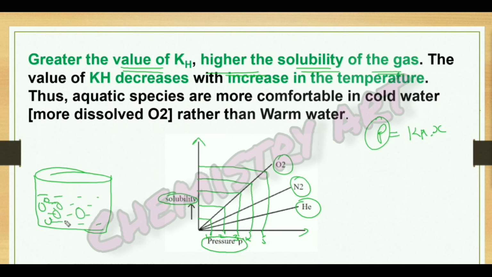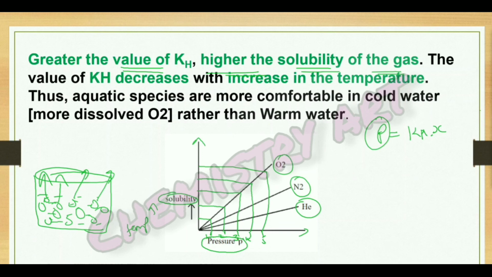What will happen if the temperature is increased? The gas particles' kinetic energy will also increase, and they will leave the surface of the liquid. So the solubility will decrease, and that's why we can say that in cold water more oxygen can be dissolved. All the gases.